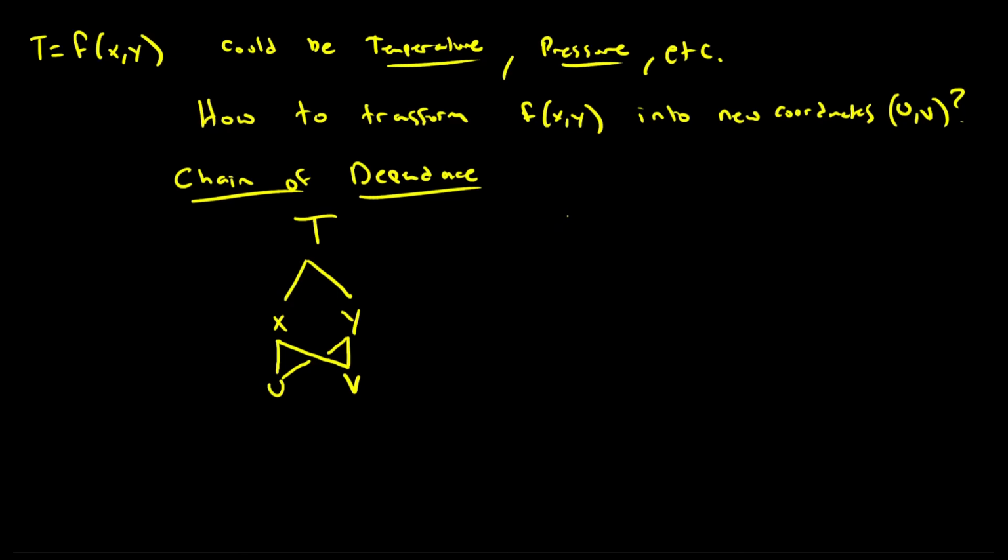The derivative of T with respect to u from the multivariable chain rule is going to be the derivative of T with respect to x times the derivative of x with respect to u plus the derivative of T with respect to y times the derivative of y with respect to u.